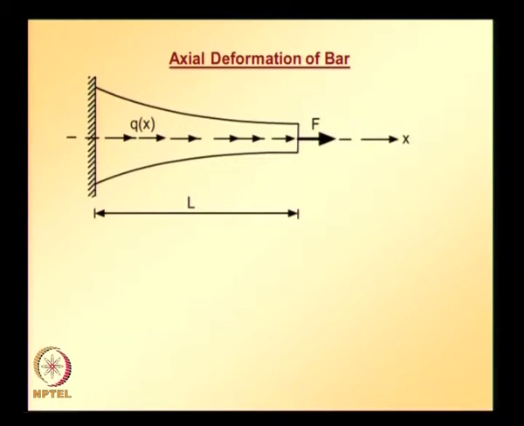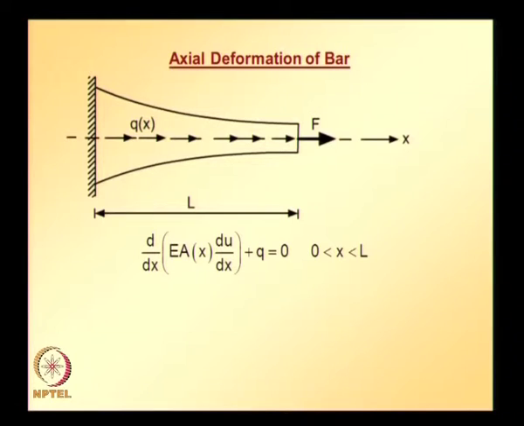So, in the last class we have seen how to get the governing differential equation and boundary conditions for axial deformation of bar. This is a bar which we have taken subjected to some body force or some distributed force Q and a point load at the tip.